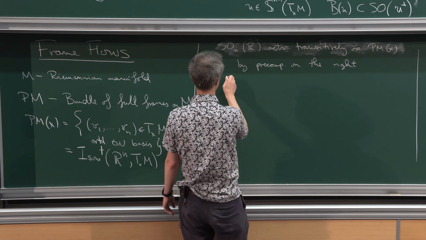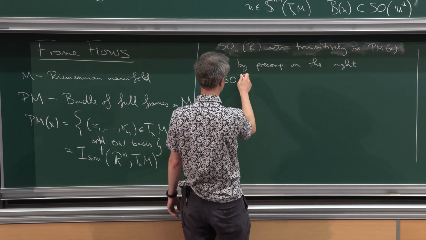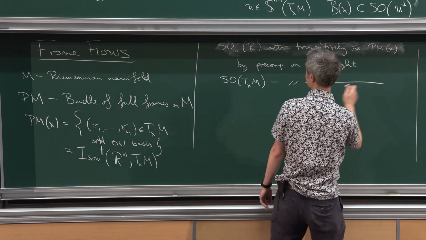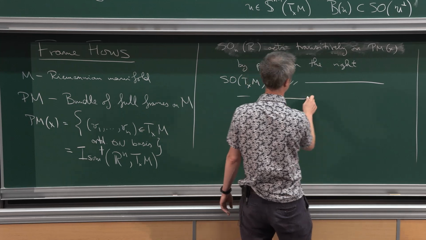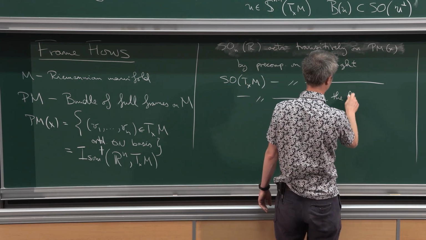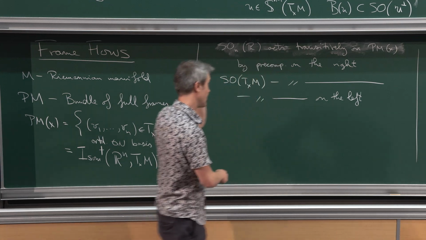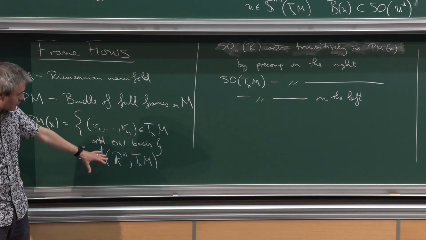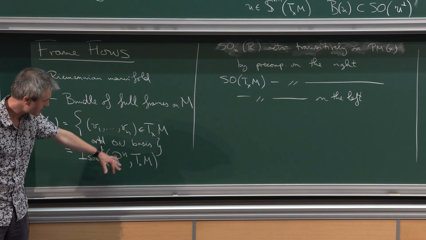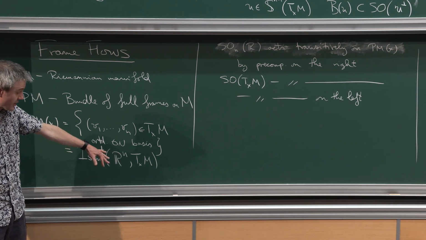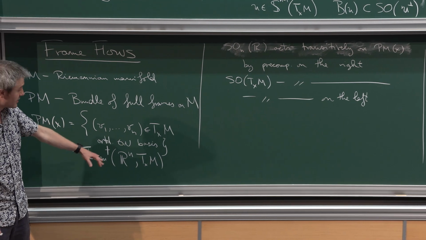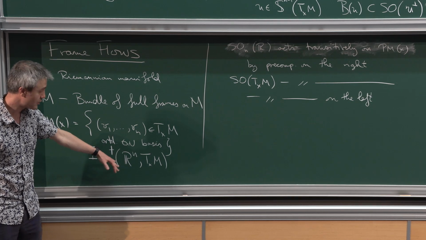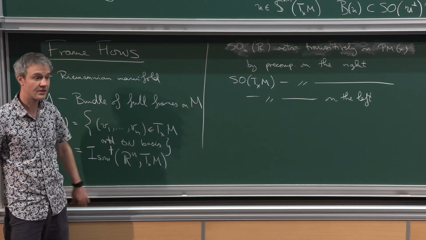And SO of the tangent space also acts transitively. This is on the left. So you have this set of isometries, ways to identify your tangent space with a fixed model space like R^n, and you have a free and transitive action of the isometries of R^n, and also a free and transitive action of the isometries of the tangent space.